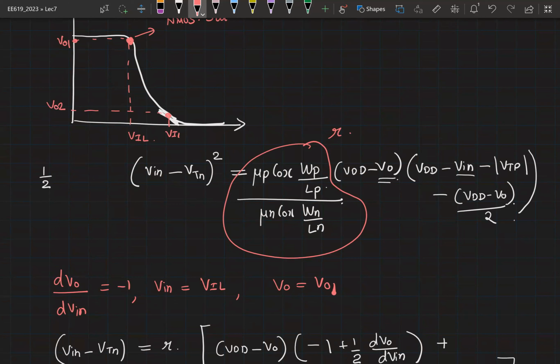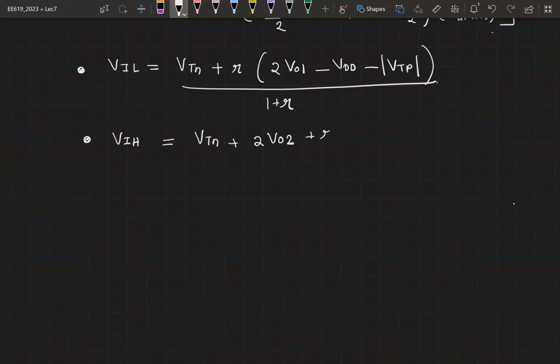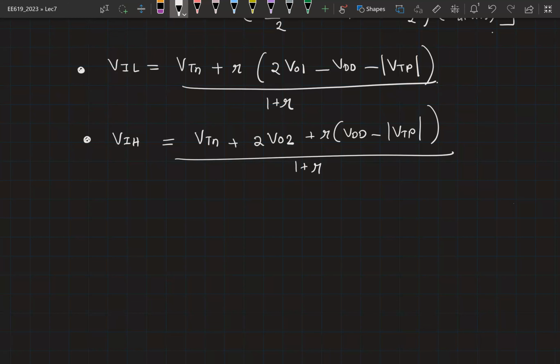This corresponds to VIH, right? So VO2 plus R into VDD minus mod VTP divided by 1 plus R. So let's take your suggestion and substitute VO1 to be equal to VDD and VO2 to be equal to 0. What do you get as VIH and VIL?